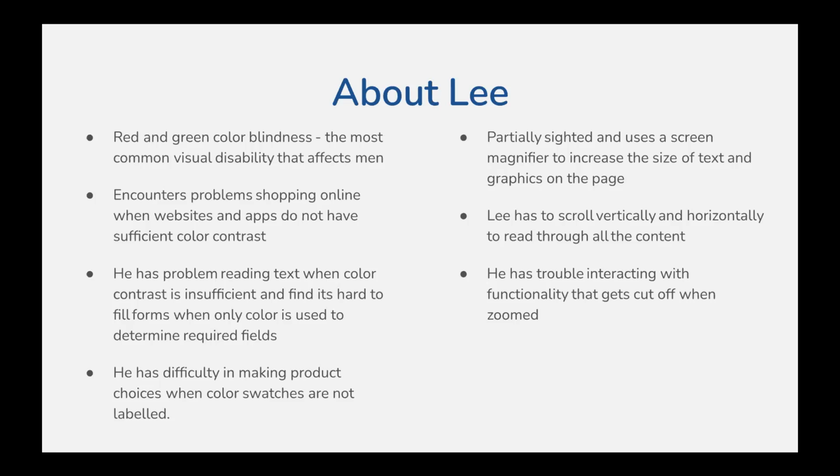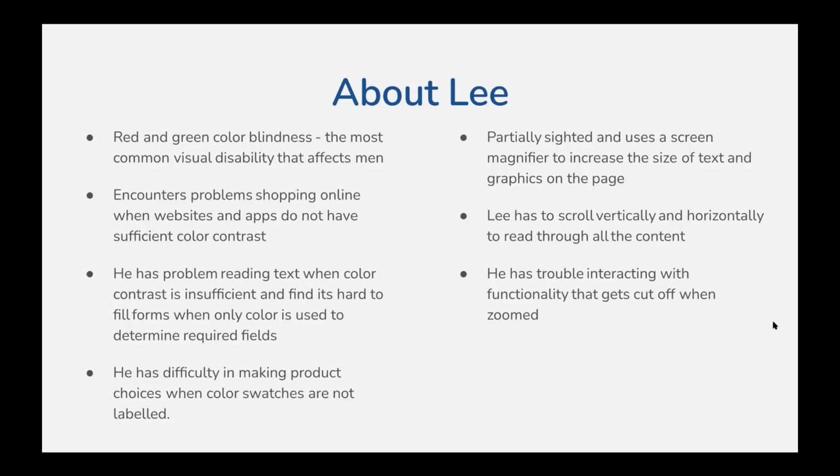Which means they sometimes have to scroll vertically and horizontally to get all the information they need if the content hasn't been developed with accessibility in mind. And then finally, he has trouble interacting with functionality that gets cut off when your content is zoomed in.